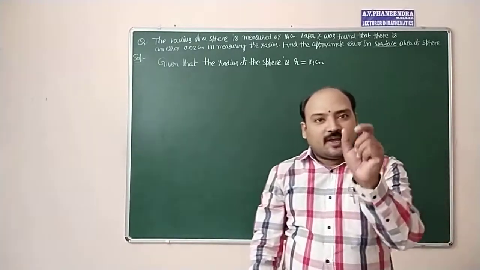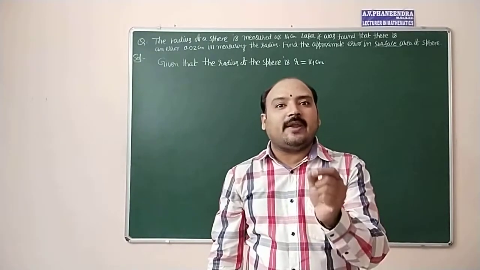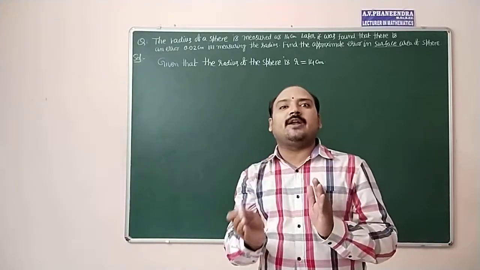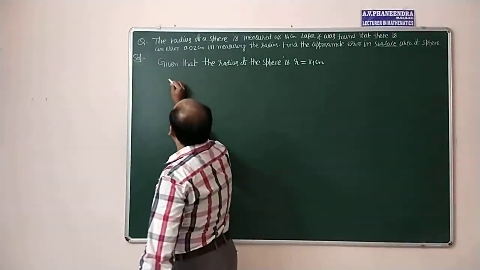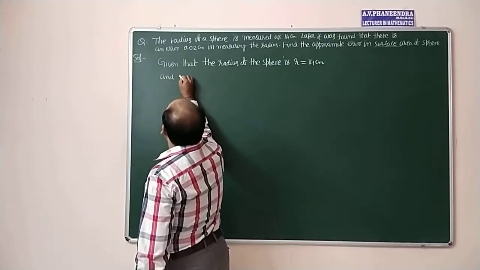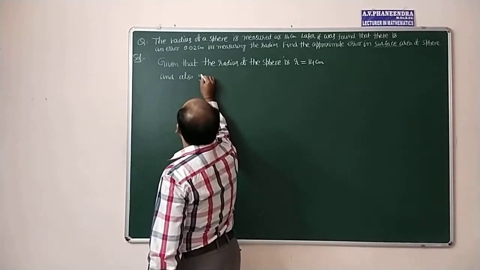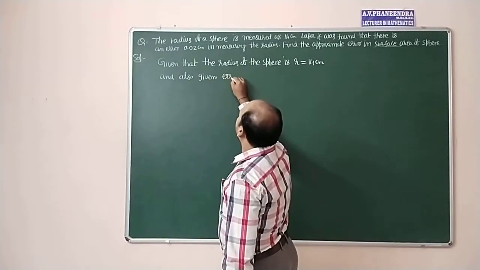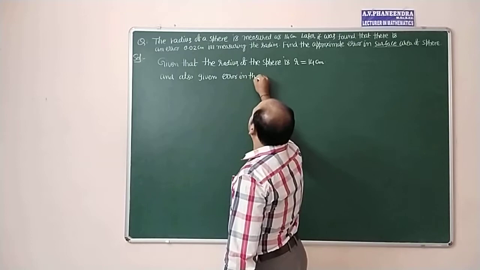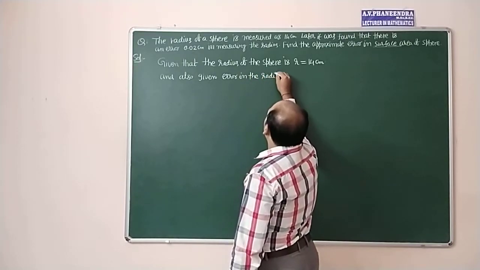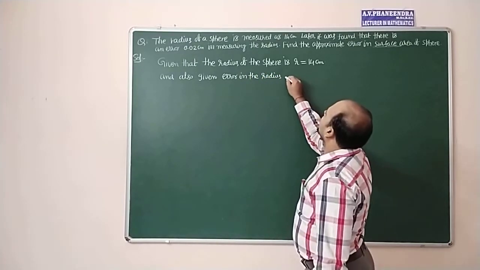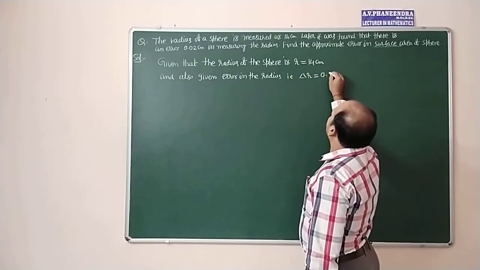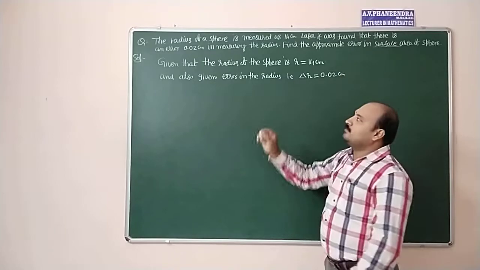That means the error in the radius of the sphere, error is denoted by delta r or change in the radius. And also given change in r, or error in the radius, that is delta r equal to 0.02 centimeters.